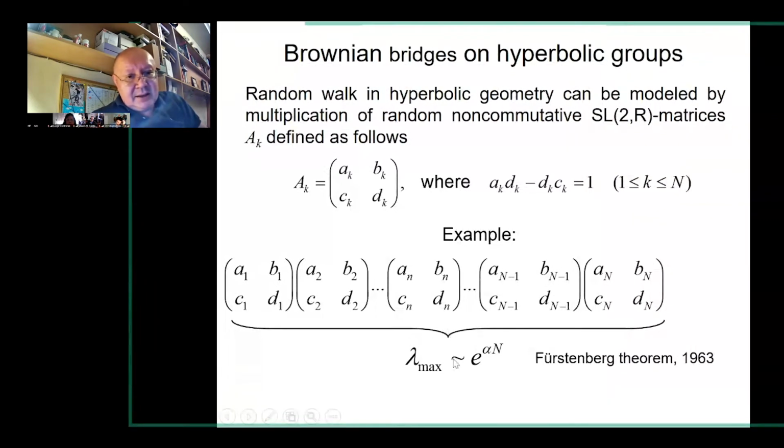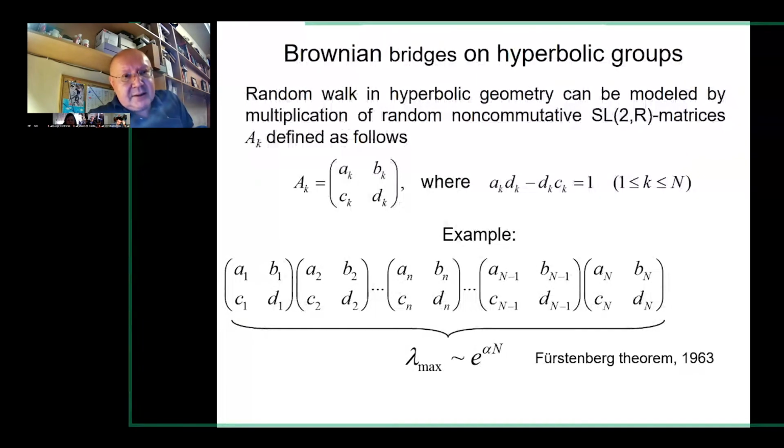The highest eigenvalue of this chain grows exponentially, e to the alpha n, where n is the number of entries, and alpha is the so-called Lyapunov exponent. But for us, the most important thing is that this highest eigenvalue grows exponentially, linearly, with the length of the trajectory. But now we can ask the following question.